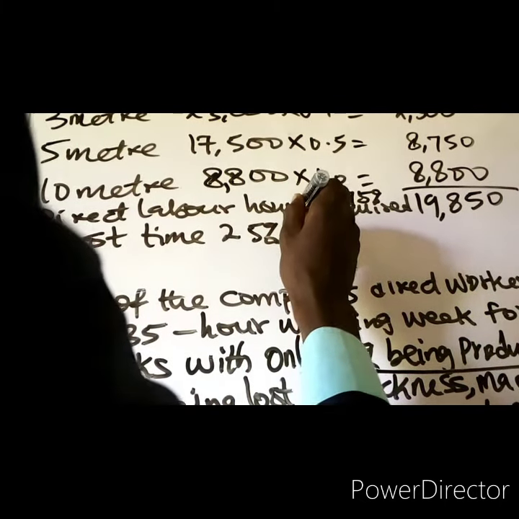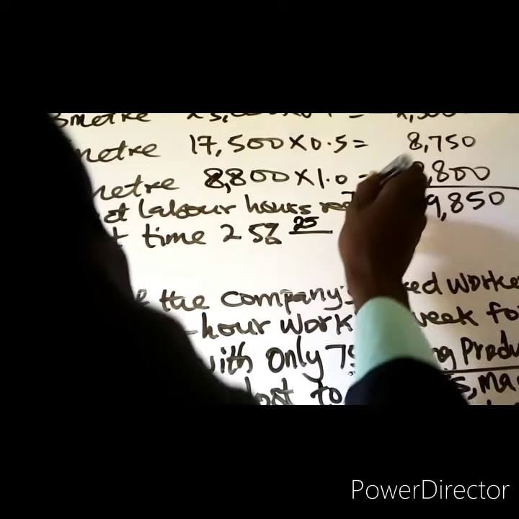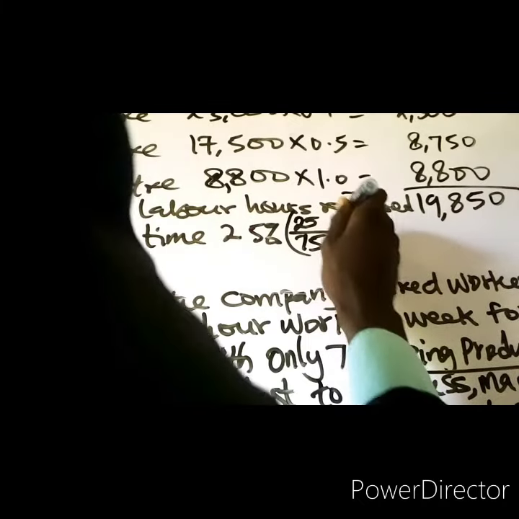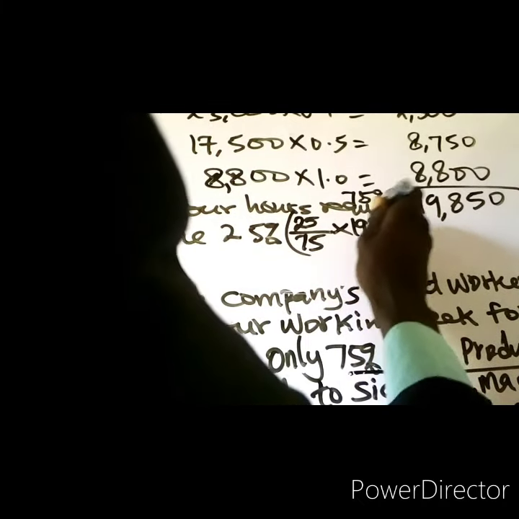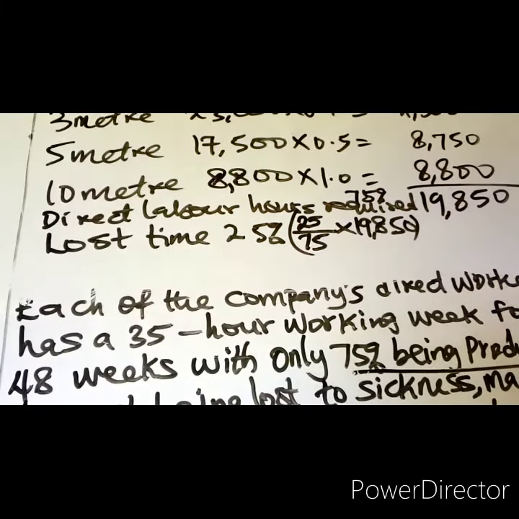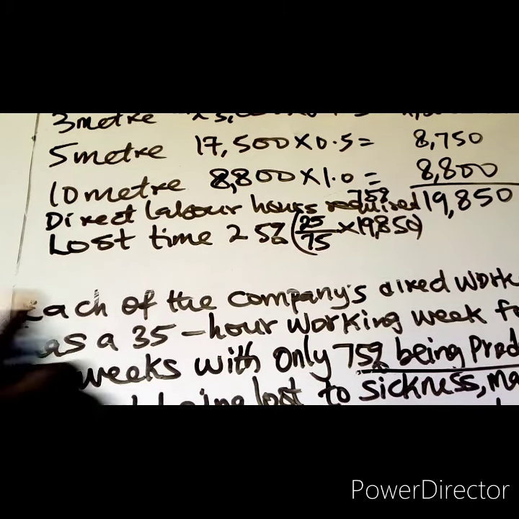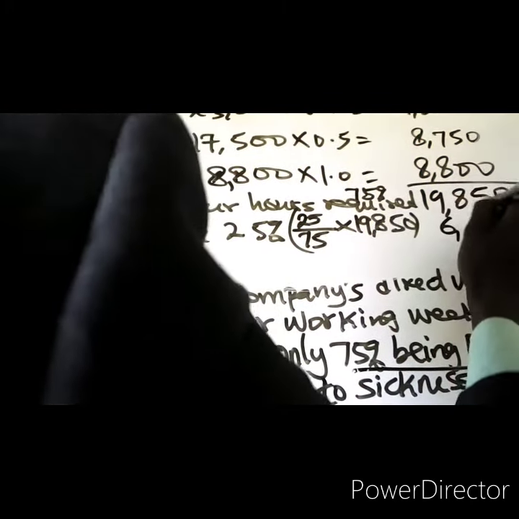So to calculate the lost time, 25% out of the 75%, you multiply the productive time: 19,850 times 25 divided by 75, and that will give us 6,617 approximately.